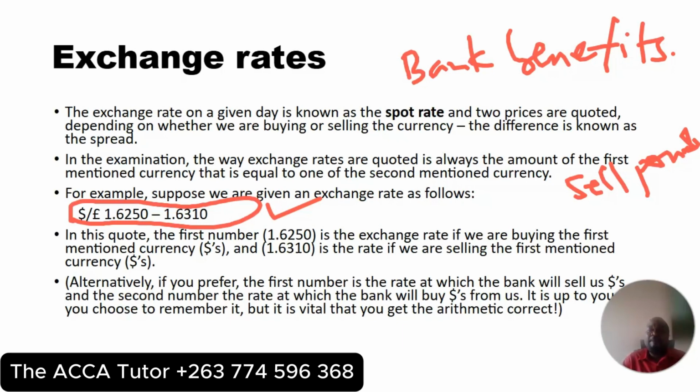So if you are selling pounds, let's say you are selling 100 pounds, which rate do you think the bank is going to buy your pounds at? Obviously, the bank is going to buy your pounds at the higher rate. They are going to use the higher rate.